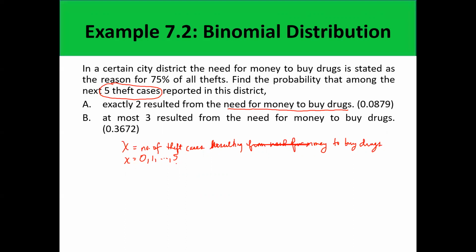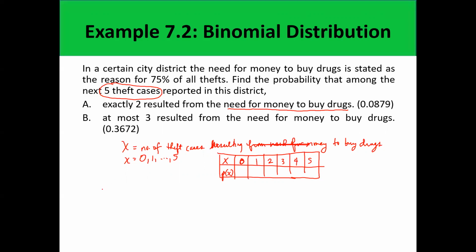So if we are going to form the probability mass function of the binomial random variable x in this example, we have the following table. So we have the binomial random variable x, and it ranges from 0, 1, 2, 3, 4, and 5. And in the second row, you can find the P of x or the probability of a specific value of x.